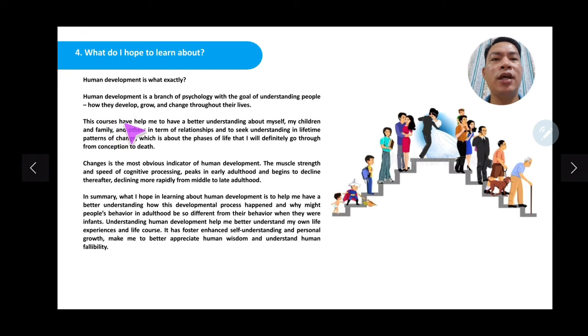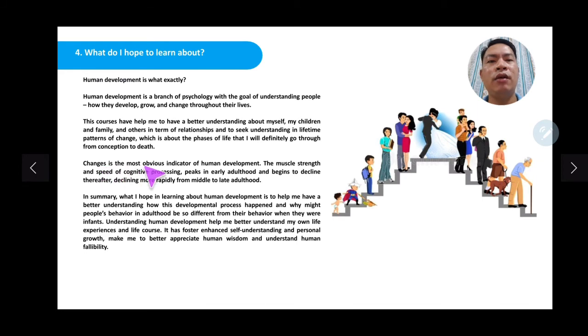These courses have helped me to have a better understanding of myself, my children and family, and others in terms of relationships, and to seek understanding in lifetime patterns of change, which is about the phases of life that I will definitely go through from conception to death.